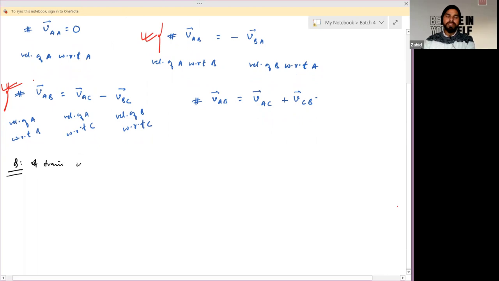A train is going towards east at 36 kilometers per hour.